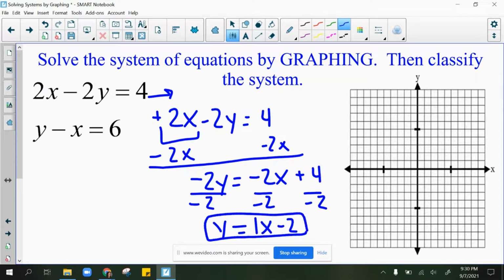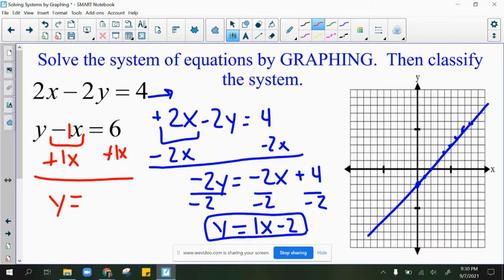Now this one is ready to graph down at negative 2. But my slope is up 1 over 1. And I'm going to connect it. Now, if I get the other one by itself, notice this is a negative 1x. So the opposite is to add it over instead of subtract it. So I have y equals a positive 1x plus 6.